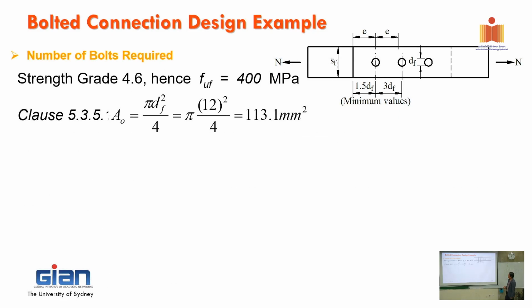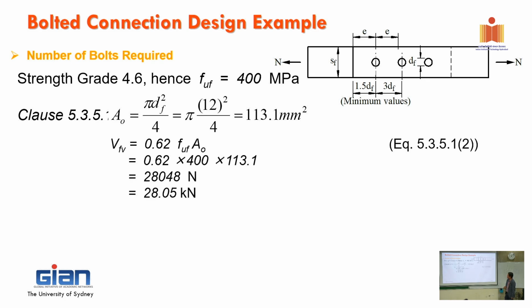For the number of bolts required, if we use normal strength bolts, its fuf is 400 megapascals, as I mentioned before. We can calculate Ao, the area of the bolt with the shank, and then we just put it in that shear equation and calculate the capacity of one bolt in shear.